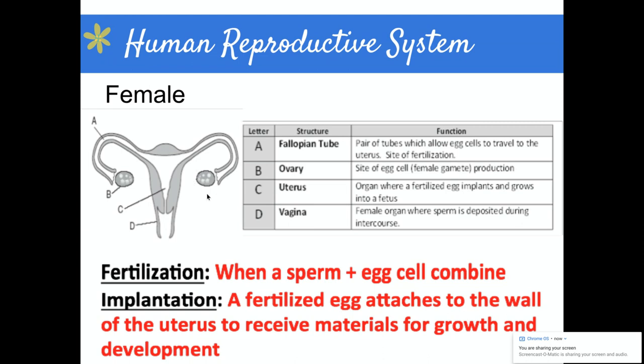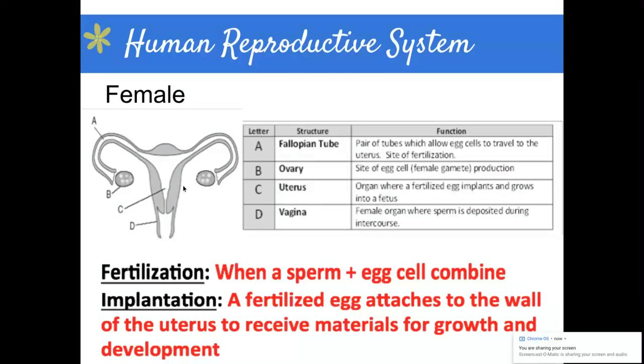This is the only place in the female's body where meiosis will happen. Eggs are released into the fallopian tube. The fallopian tube is also the site of fertilization if a baby is conceived through sexual intercourse. That means that the egg and sperm combine here in the fallopian tube when a woman becomes pregnant.